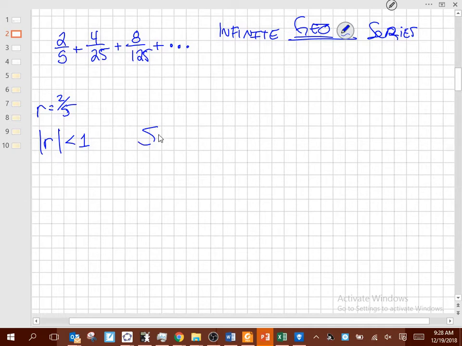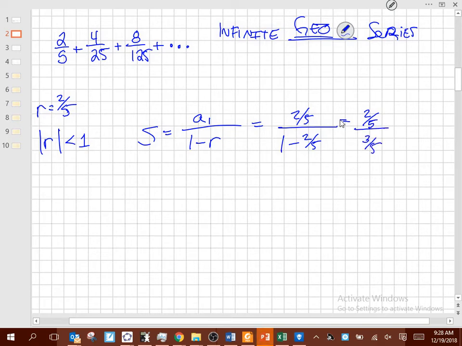So when we're adding up an infinite number of objects, the formula for the sum is very straightforward. It's very easy: a sub 1 over 1 minus r. So a sub 1 for us is 2/5, right? 2/5 over 1 minus 2/5. So it gives me 2/5 over 3/5, right?